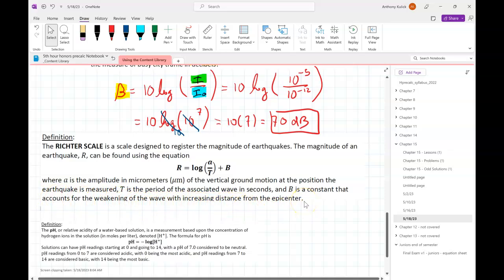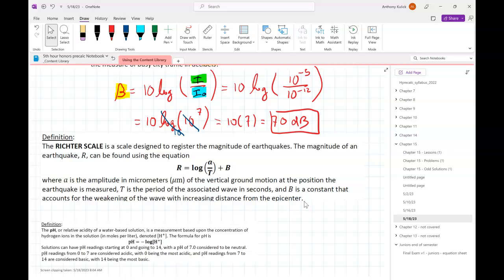So the catch here is that most of the time when you're measuring the intensity of an earthquake, your measurement tool isn't at the epicenter, because it's really hard to predict where an earthquake is going to hit and when it's going to hit. So having measurement equipment there at the actual epicenter is impossible, right?